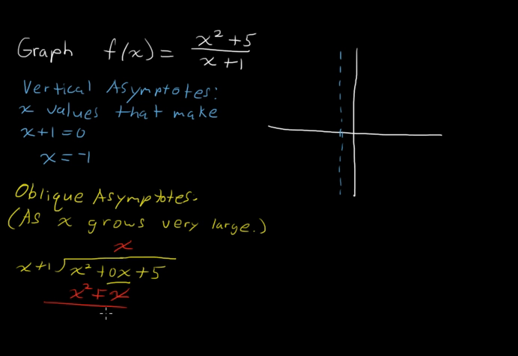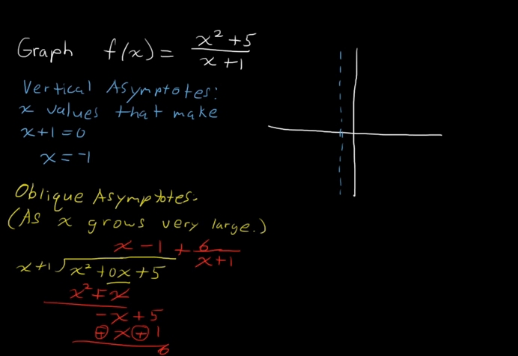We're going to subtract that, so we get negative x, drop down the positive 5, and now we have a negative 1. So negative 1 times x plus 1 is negative x minus 1, and we'll subtract that, and we get a 6. We're running out of room here, so we get a remainder of plus 6 over our divisor of x plus 1.